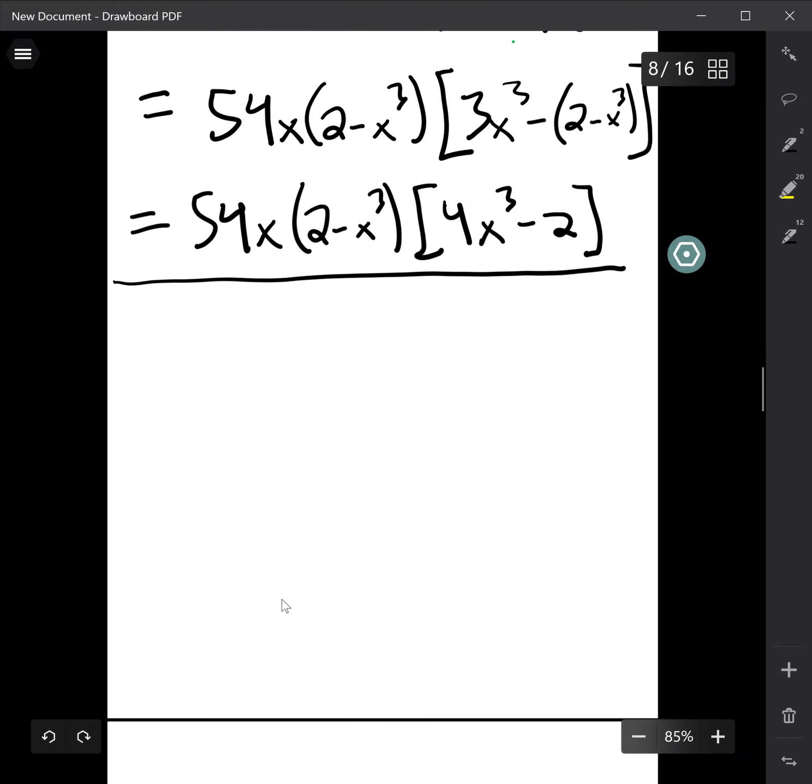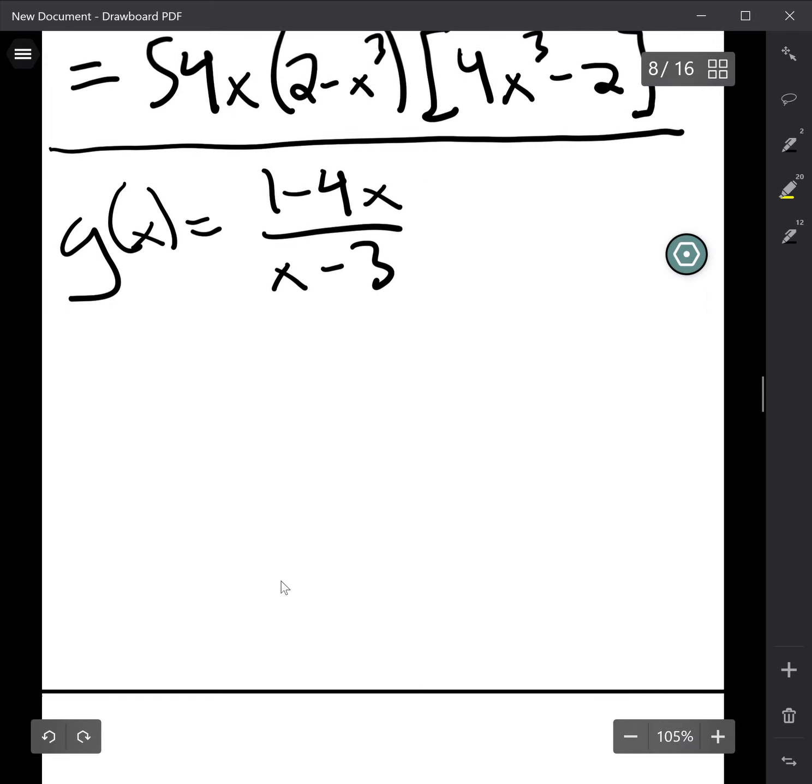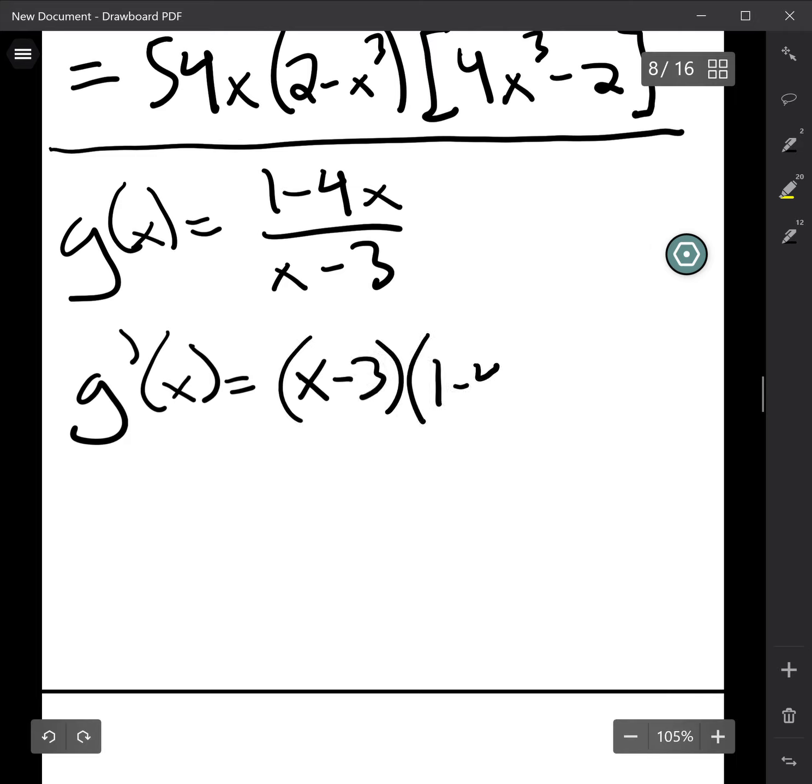Now I want to derive the function g of x equals (1 minus 4x) all over (x minus 3). And let's find our second derivative. Well, in order to get our second derivative, we have to go through our first derivative. So to get our first derivative, this is a quotient rule all day. We're going to do low times d high.